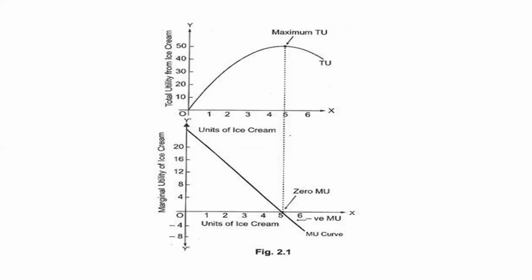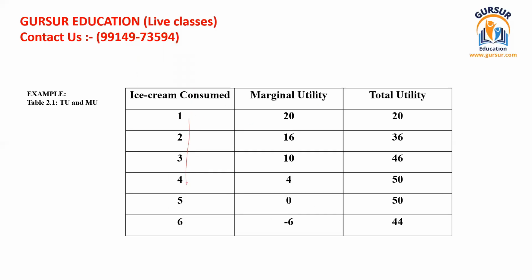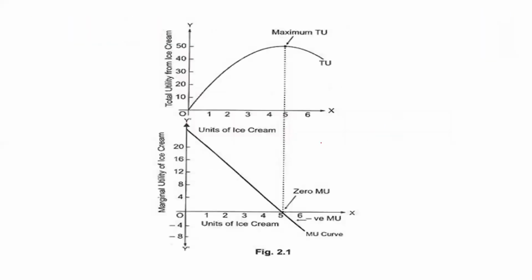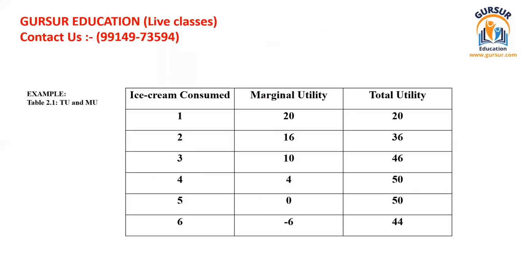So as you are eating more and more, your total utility is rising. So it is said that as you are consuming more and more, total utility is rising, but at a decreasing rate. But at a specific point, at the 5th point, the total utility is not increasing.